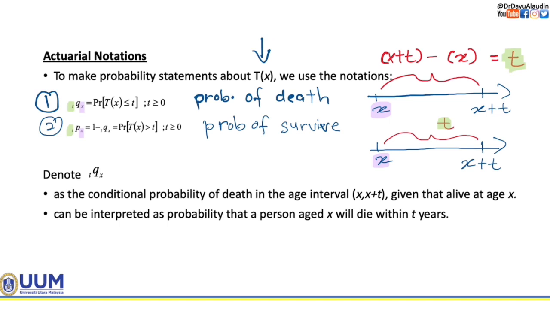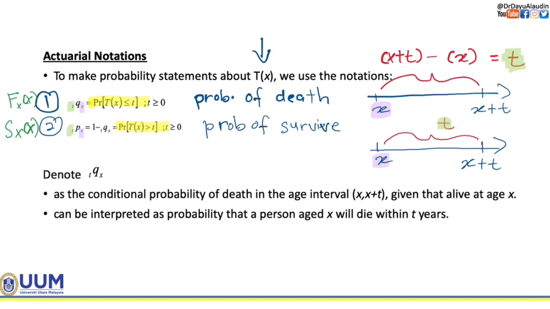So if we write the probability of death, it is less than T, and for survival the probability must be greater than T. Before this we used the notation of the CDF, the statistic notation, and then SX.